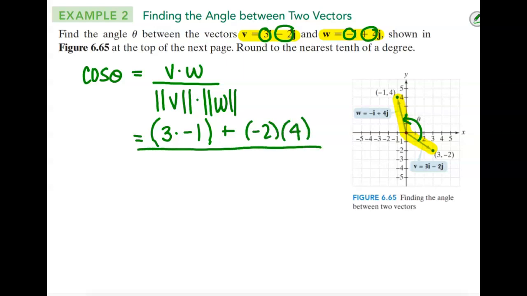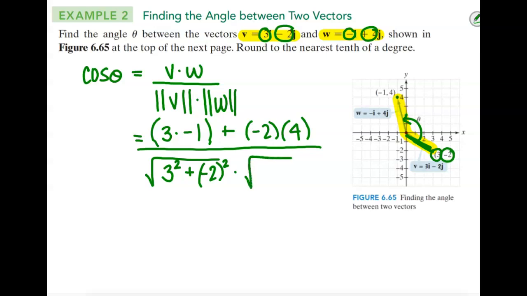Over the length of the vector. So here's vector v. We want to find the length of that. We've done that in a previous video, so we're going to use our formula. You multiply the a term, so here's your a term, a length of 3, and you square it, plus the b value, negative 2, square it, add them together, and then square root it.